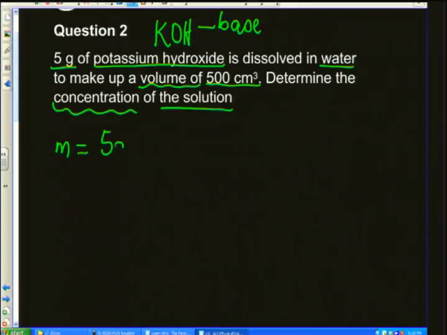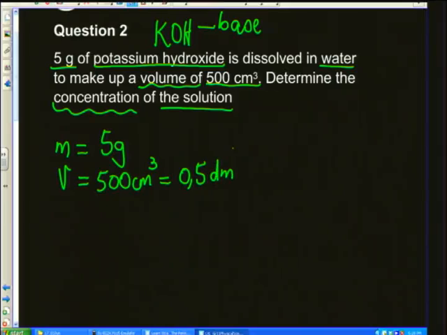It's 5 grams. You have got the volume that the solution should actually make. It's 500 cubic centimeters. We work in cubic decimeters, so I can convert it immediately to 0.5 cubic decimeters. All right.